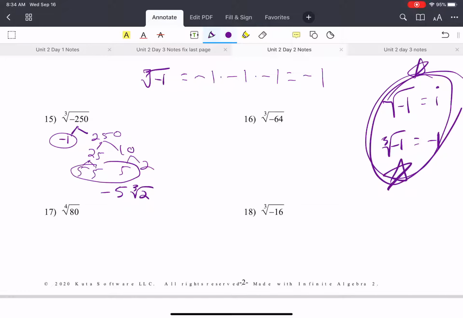Okay, let's do one more cube root. And then we'll go on to our last thing. Let's do 18. Okay, so first thing I'm going to do is split up the negative 1 with the 16.